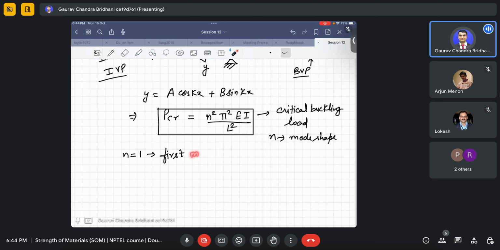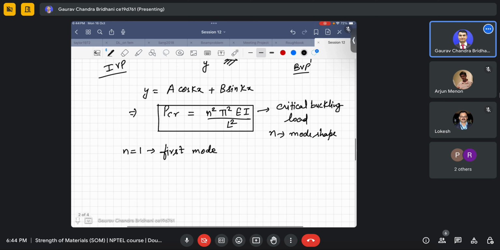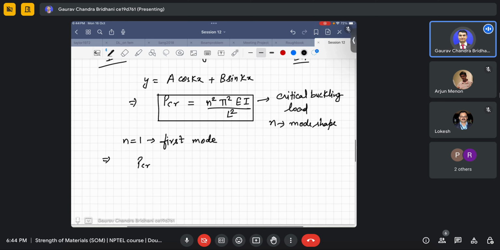So that is why we mostly go with the first mode, or we choose the mode which corresponds to the minimum critical load, because at the minimum critical load only it will start buckling. So there is no need to go for any other mode. So for this we find that PCR comes out to be pi square EI by L square. Okay, so this is nothing but the critical load only.